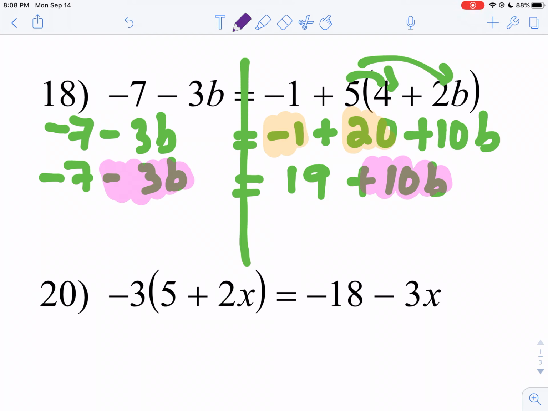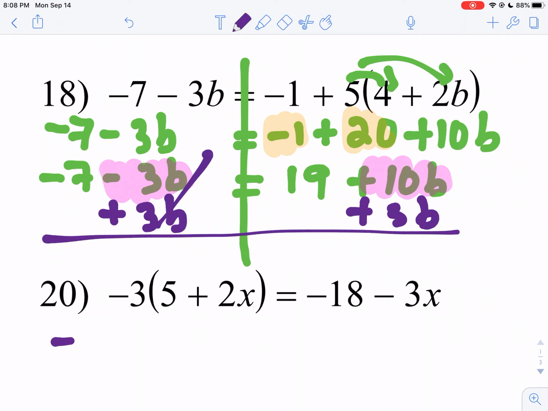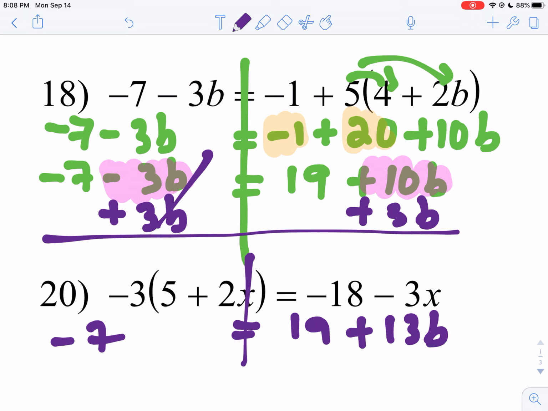But I like my b's to be positive, so I'm going to go and add 3b, and that is going to put all my b's on the right hand side. So once I do that, this is gone. I have a negative 7 equal to 19, and then here I have 13 b's now. All right, and then I'm going to go ahead and get my b by itself.